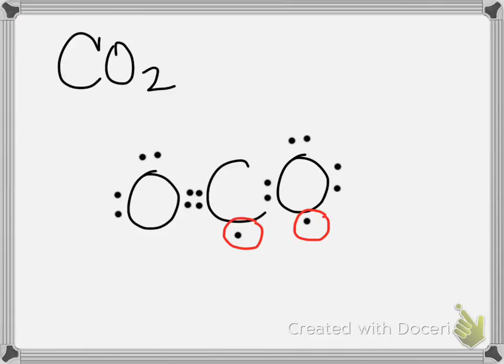Now I have, what is this representing? What kind of bond? Double bond, sharing 2 pairs. Guess what's going to happen to those other electrons over here? Same thing. We're going to create a double bond.